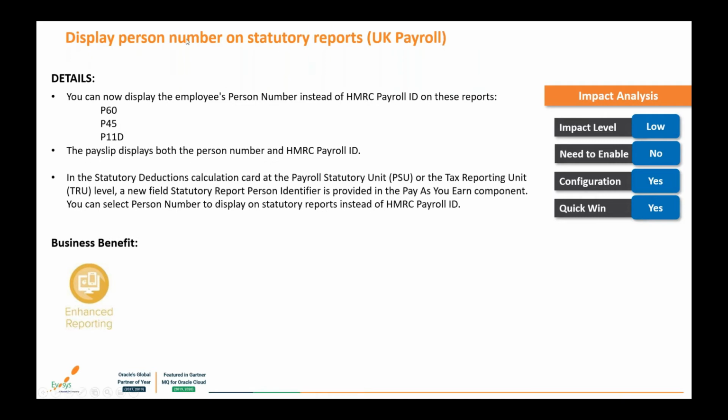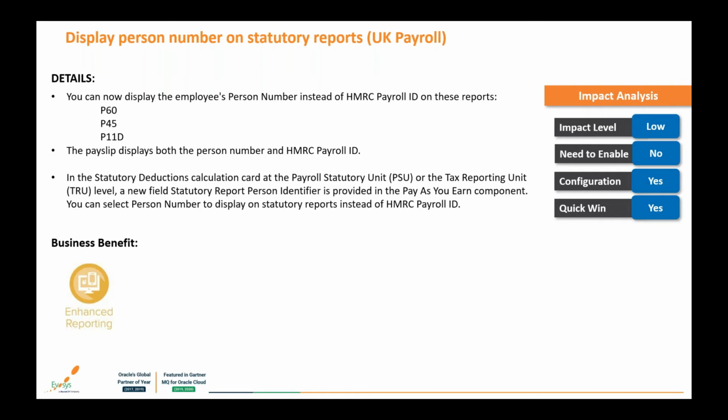And coming to the next feature, this is for the UK payroll: display person number on statutory reports. Till now on the payslip, we could display both person number and HMRC payroll ID.